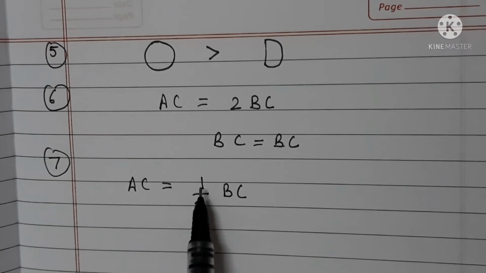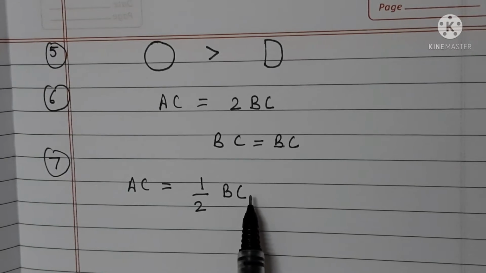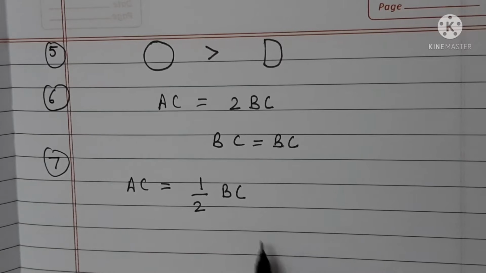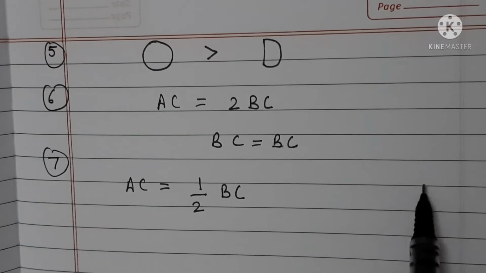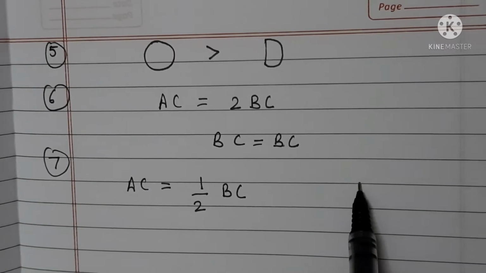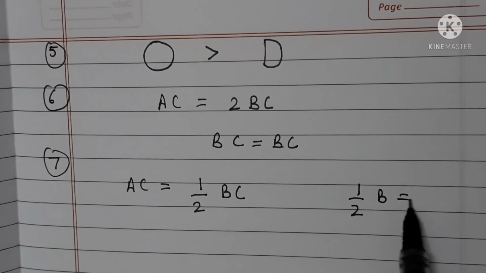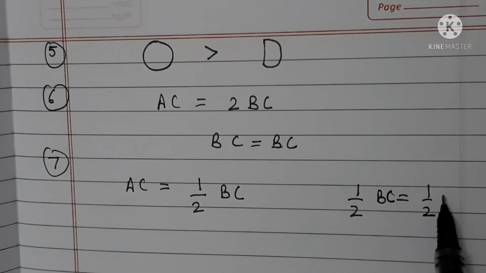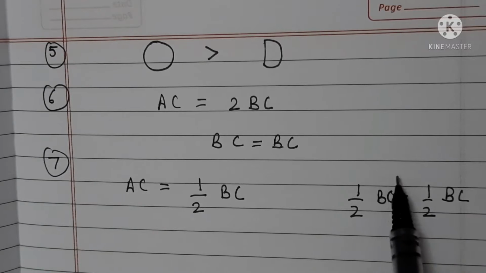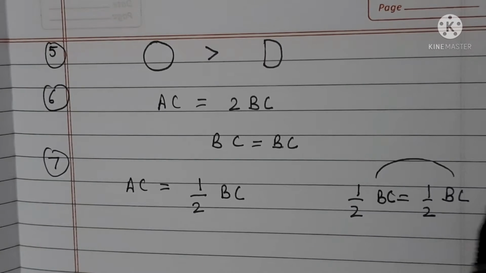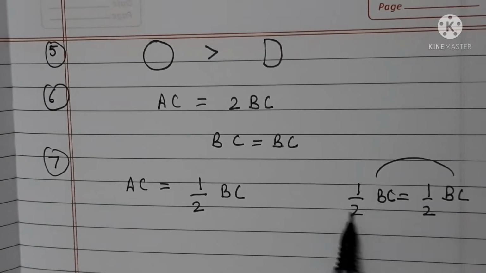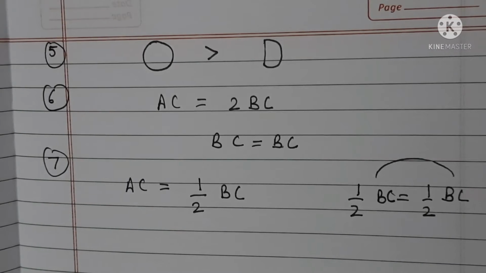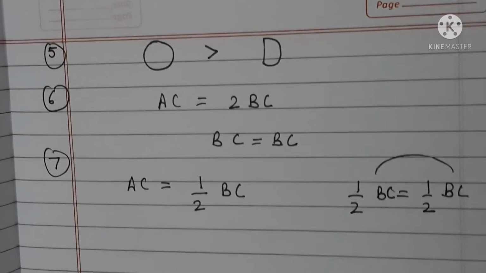Things which are half of the same thing are equal to one another. It means here two parts of BC, means half BC is equal to half BC. Both are equal to one another.